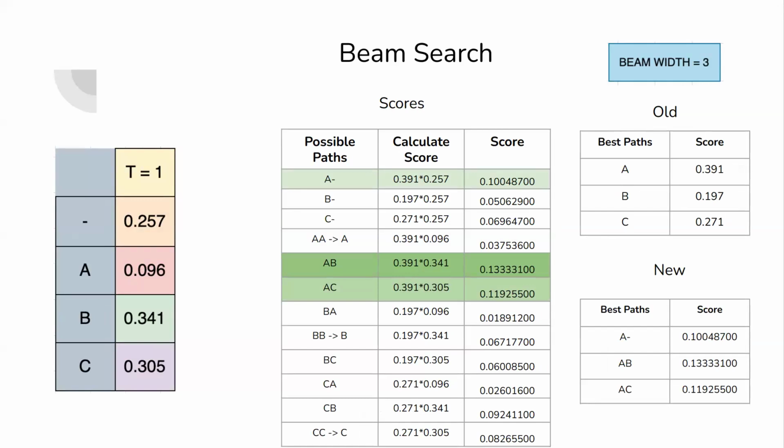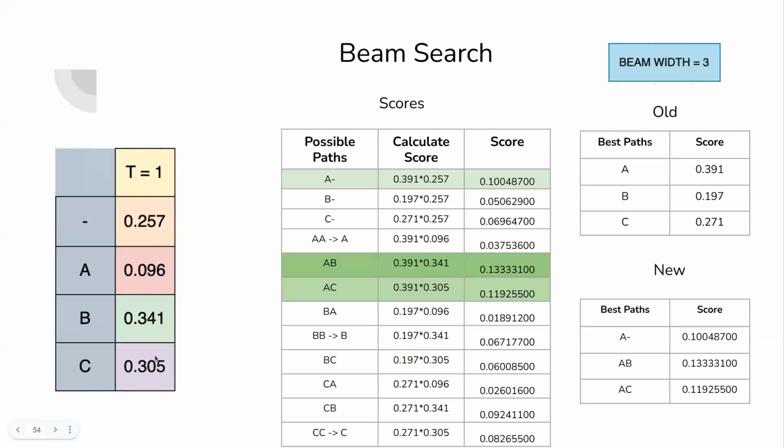Once you're decoding, your decoder outputs the probability of each token in your vocabulary. Here our vocabulary is dash, A, B, and C. So at t equal to 1, the final output of our decoder after the softmax layer says that A has a probability of this, B has a probability of this, and C has a probability of this, right?